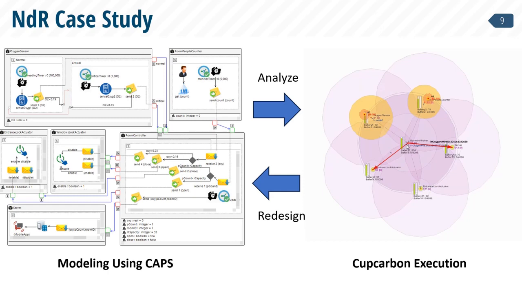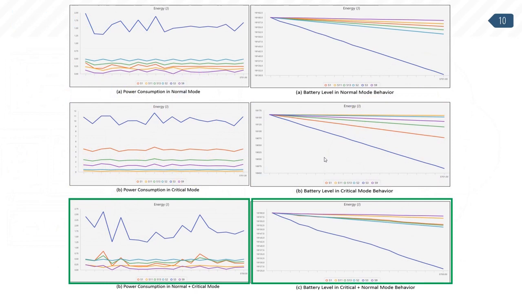These behaviors are: first, sensors run in normal mode only; second, sensors run in critical mode only; and third, sensors run in normal and critical mode.